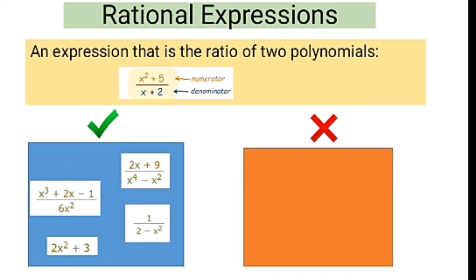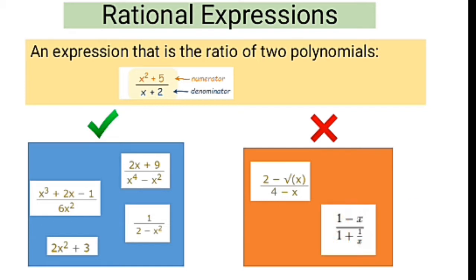On the other hand, these are not rational expressions. We have 2 minus square root of x over 4 minus x. What makes this not a rational expression? Simply because of the numerator, 2 minus square root of x. Square root of x is the same as x with an exponent of 1/2.